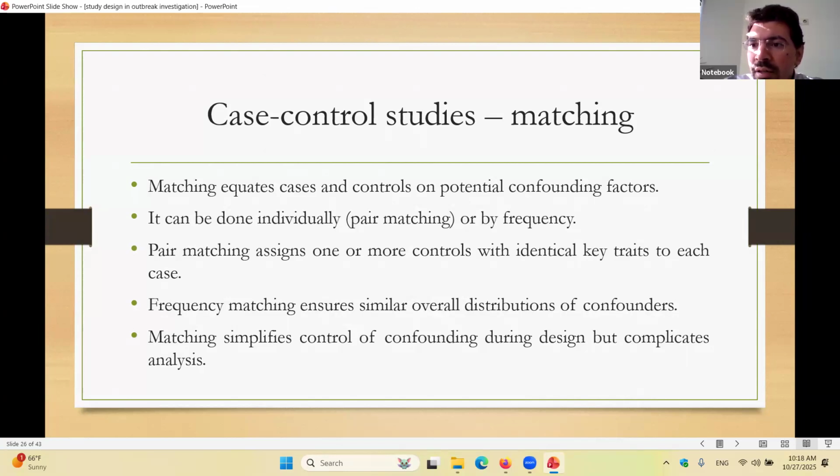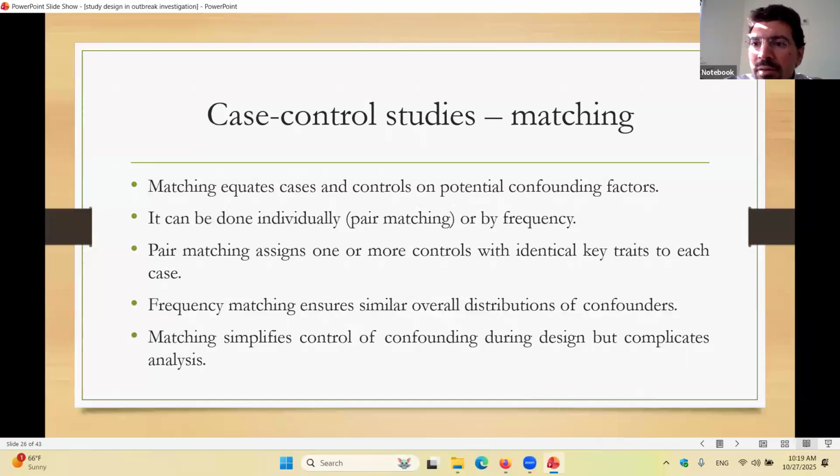And matching is what I told you, and the other one is randomization. You randomize the groups, which is used in clinical trials. These three methods are used at the design level.